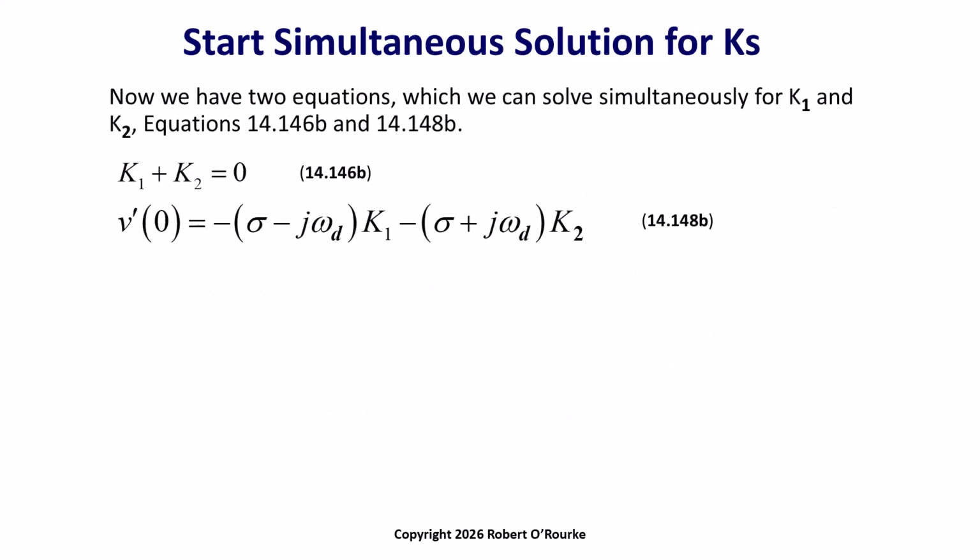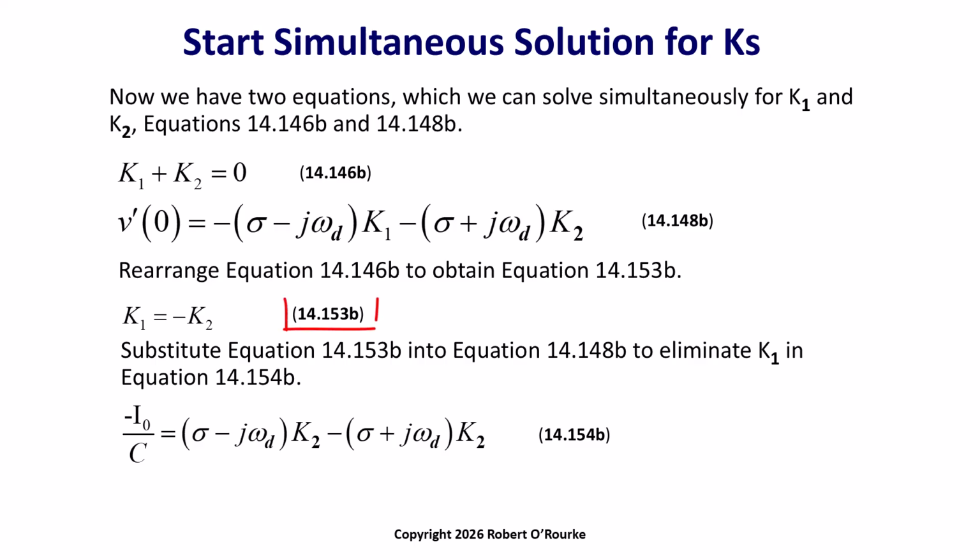Now we have a second equation, 14.148b, which we can use for solving simultaneously with equation 14.146b for the constants k1 and k2.